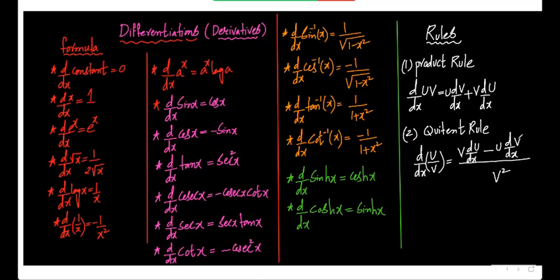There is a third rule also: d by dx of UVW, three-term multiplication. Then what's the rule?